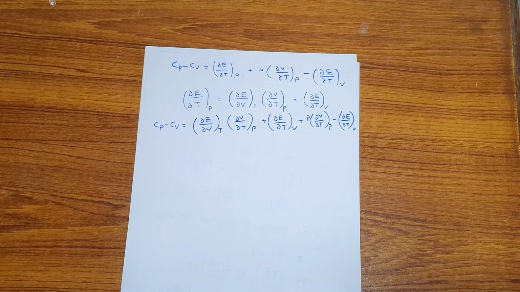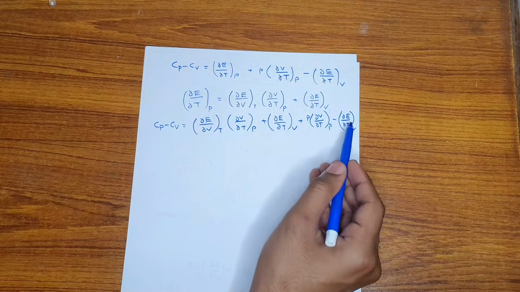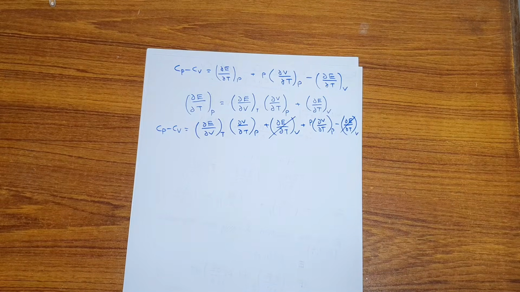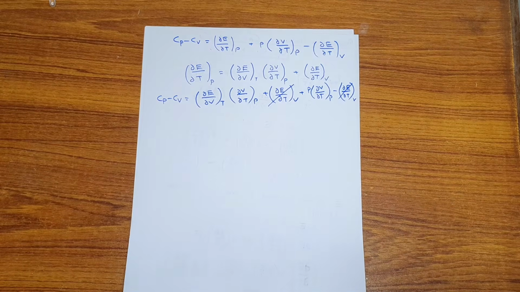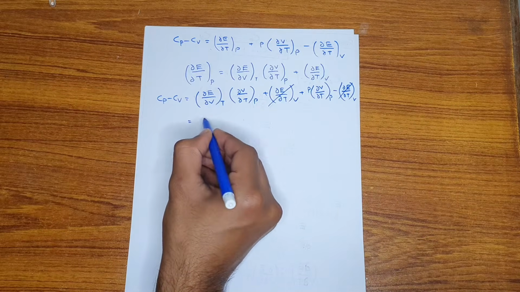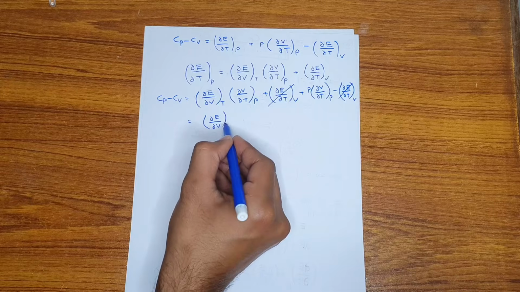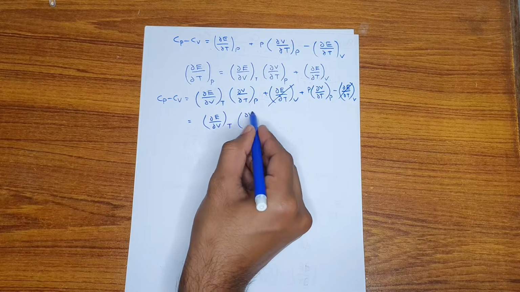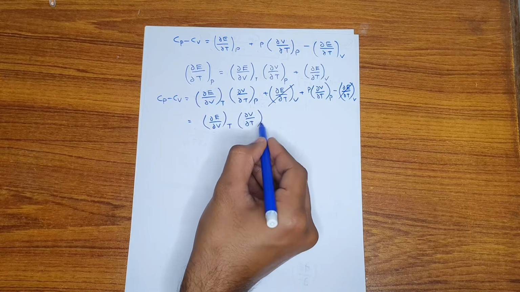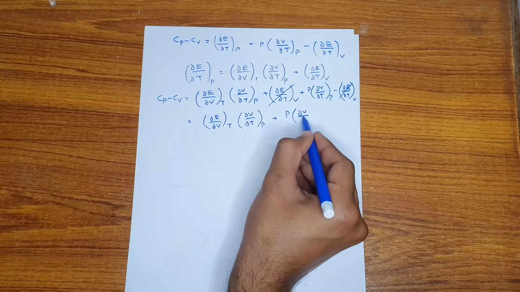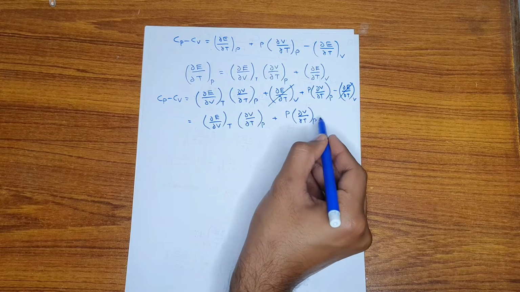Okay, so now I've just plugged in the values, and as you can see, this part of the equation and this part of the equation will cancel, because these both are the same. What I'll be left with is only ∂E/∂V at constant temperature times ∂V/∂T at constant pressure, plus P times ∂V/∂T at constant pressure.